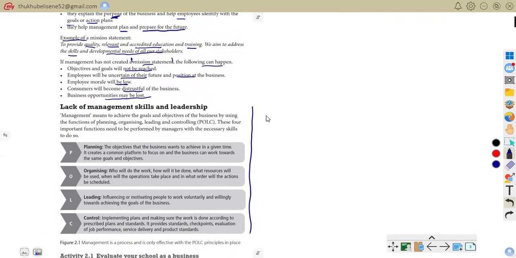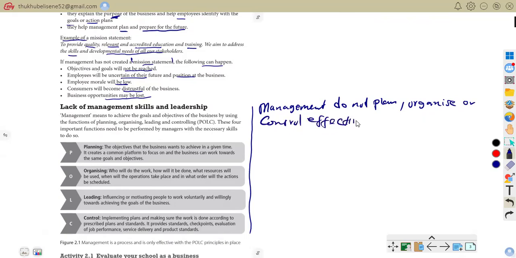When we talk about managers who do not plan, organize or control effectively, for example, a manager who fails to communicate properly causes delays and poor performance.